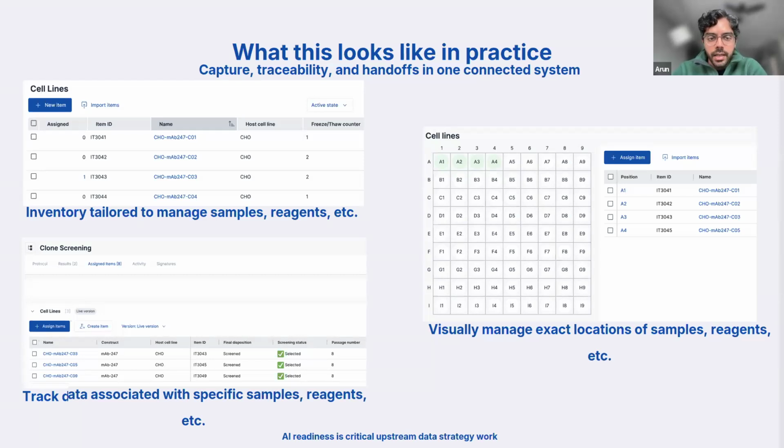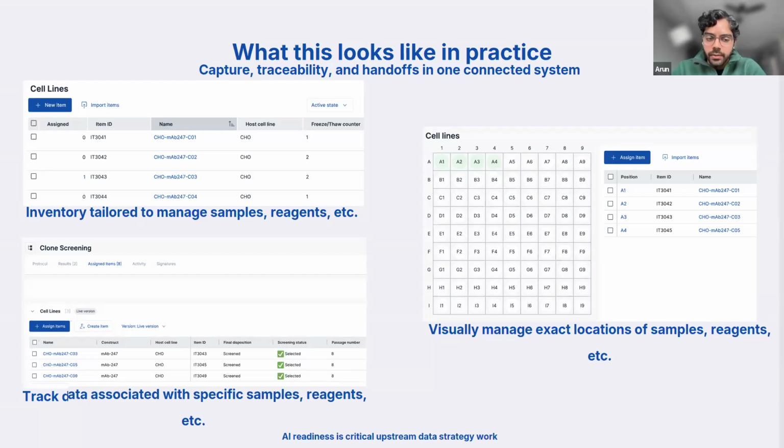So the first one we have is a screenshot of an actual inventory. So in SciNote, you can tailor your inventories to manage samples, reagents, instruments, etc. And when you're building out your inventory, you're able to capture all the associated metadata or data points about your samples, reagents, etc. And then when you're actually using these samples and reagents to generate some data, SciNote automatically associates where specific samples or reagents were used and what was the outcome when you used those samples with a particular protocol.